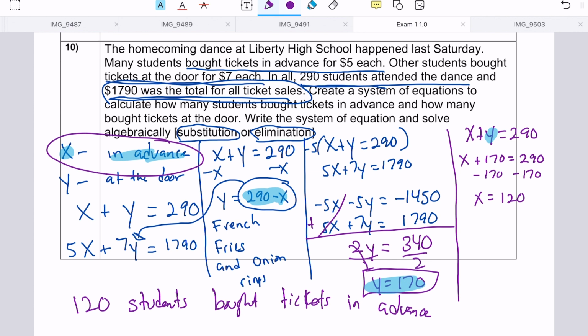And Y represents tickets at the door. 170 students bought at the door. So that's our solution. Or we can say (120, 170).